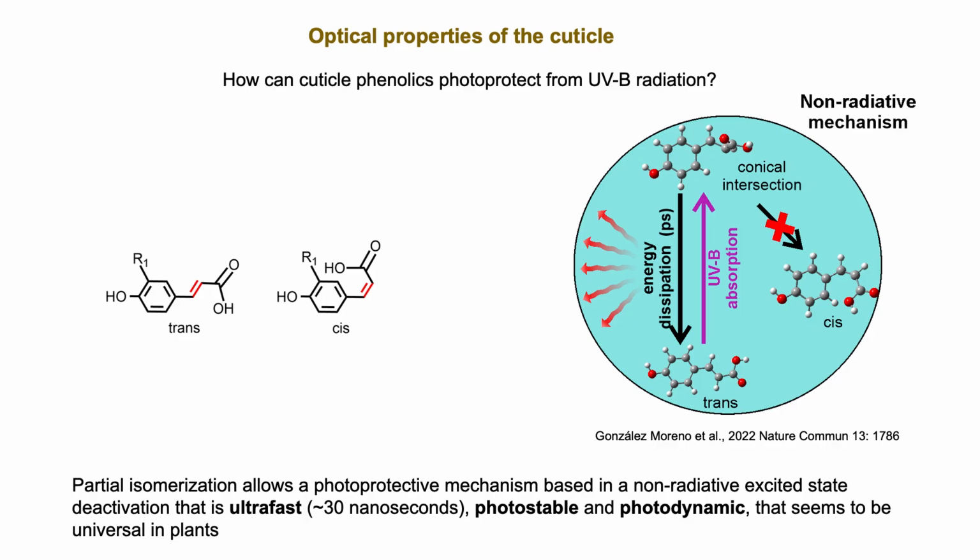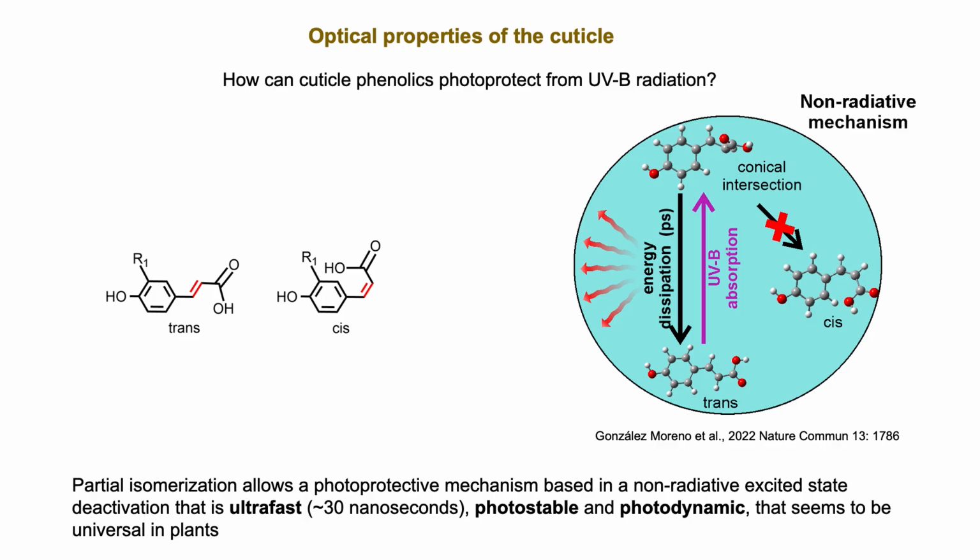To put it simply, you have the ring, you have the chain, and after UV light is absorbed, it moves. Okay? And once the molecule has moved, it goes back to the trans state, to the basic state.